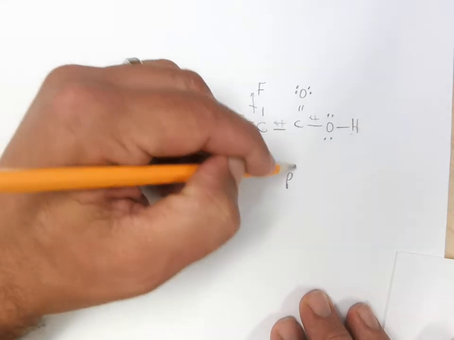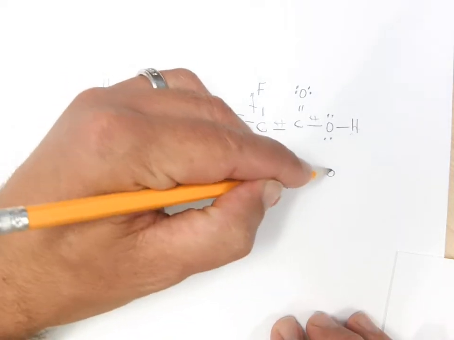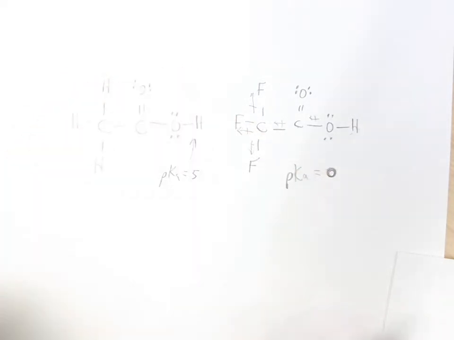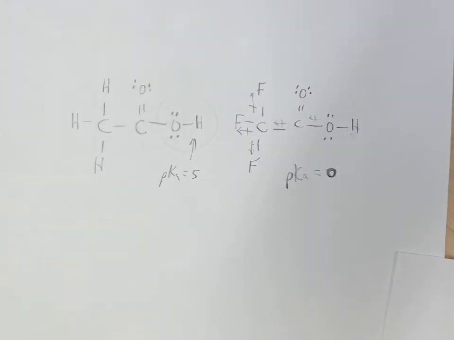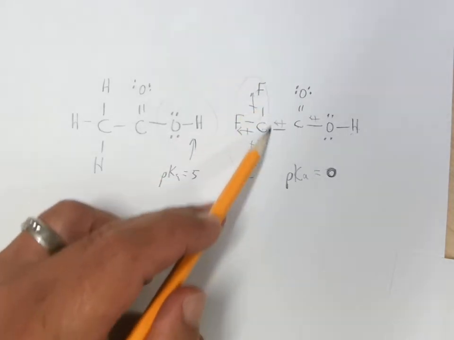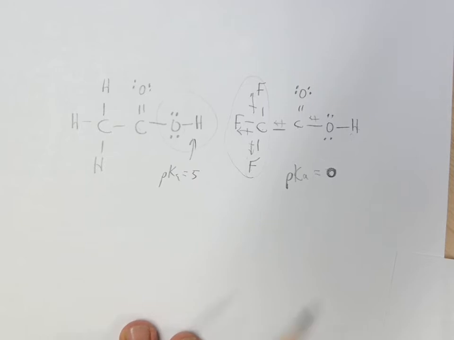So this guy, pKa equals 0, and even if the explanation sounds a little hand-wavy, the presence of electronegative elements somewhere in the molecule does make the molecule more acidic.